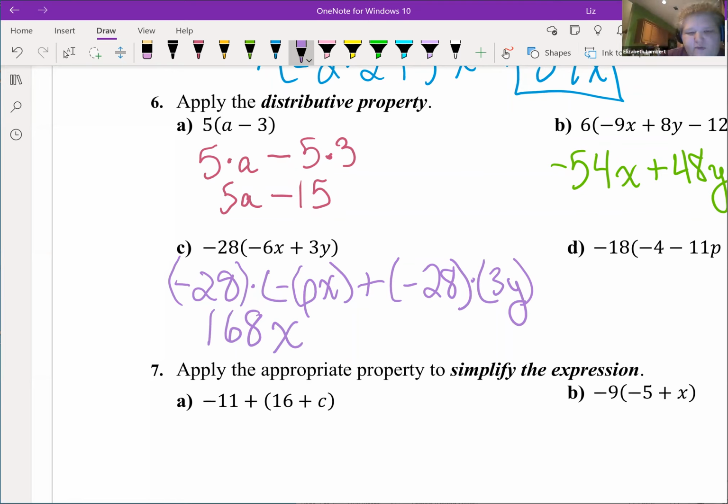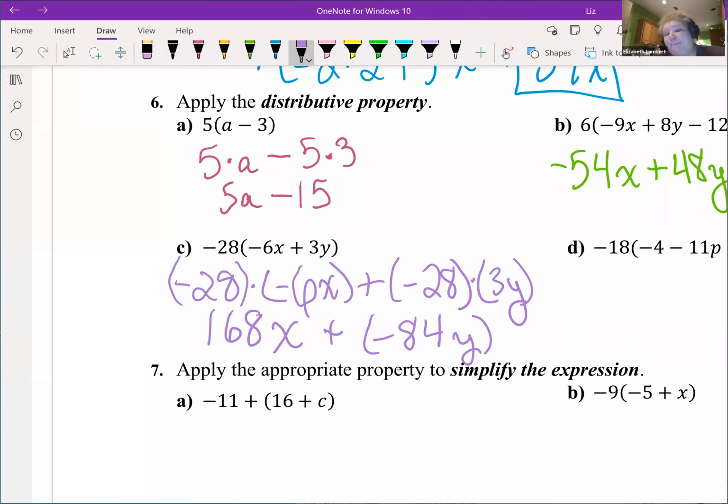Then I have plus negative 28 times 3y. So 3 negative 28s gets really negative. Almost, so 60 and 24, 84. But it is negative 84. So we could write it like this, negative 84y.